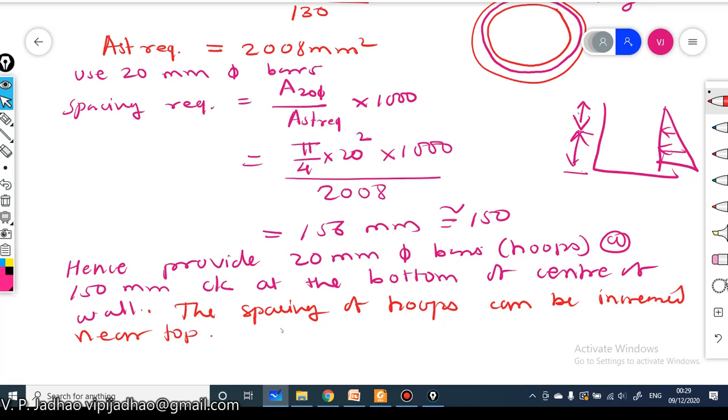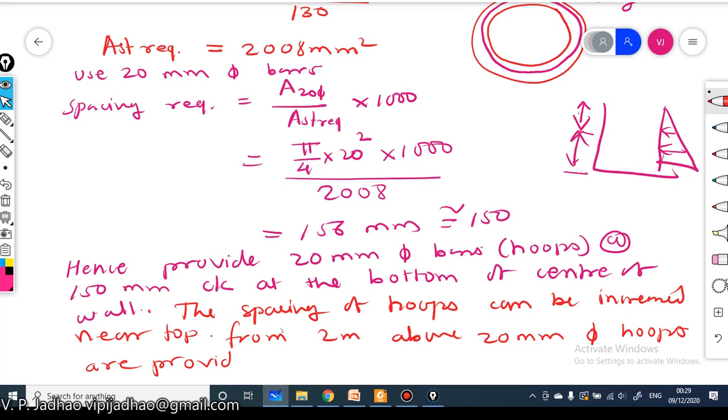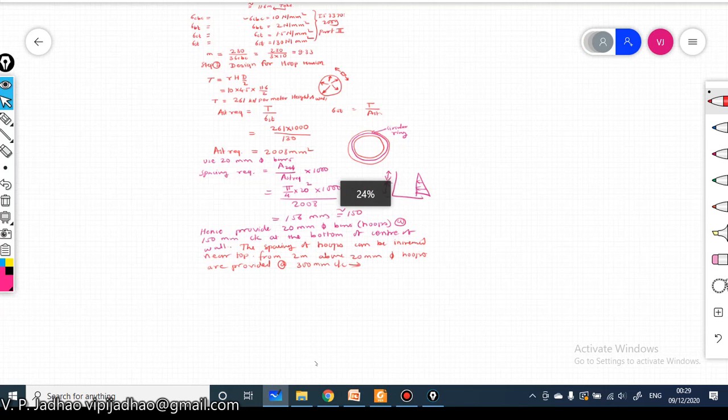Say from 2 meter above, 20 mm diameter hoops are provided at 300 mm center to center, because this is the maximum limit up to which we can provide the spacing.